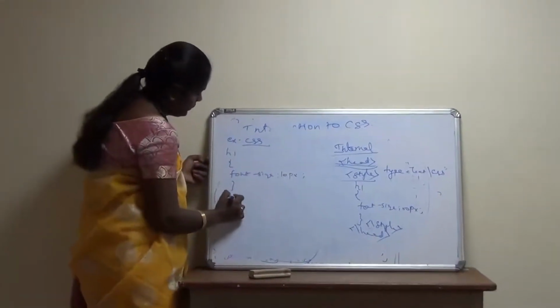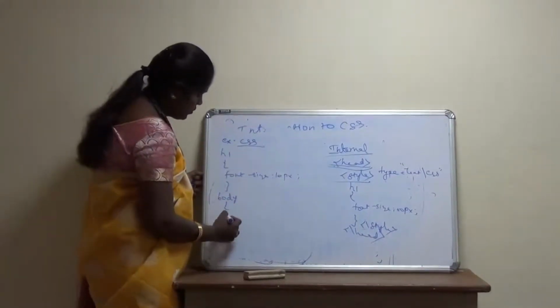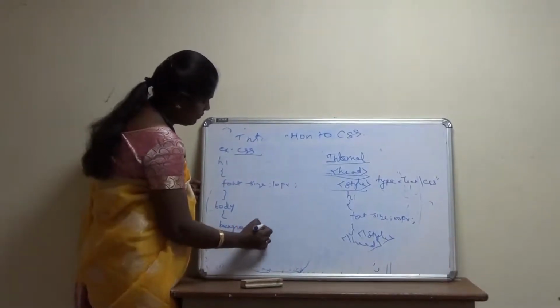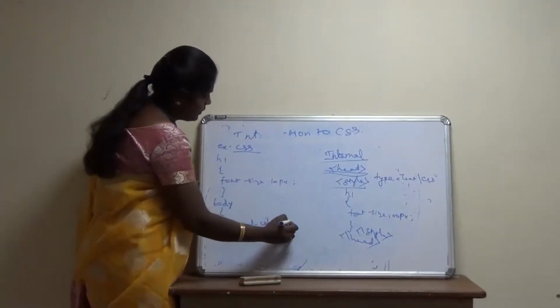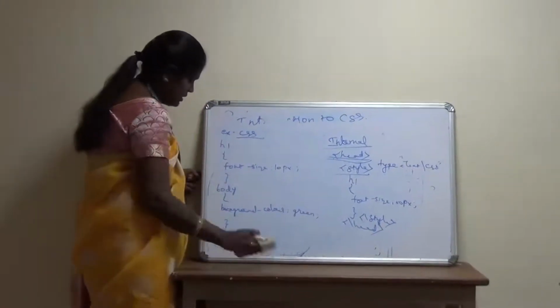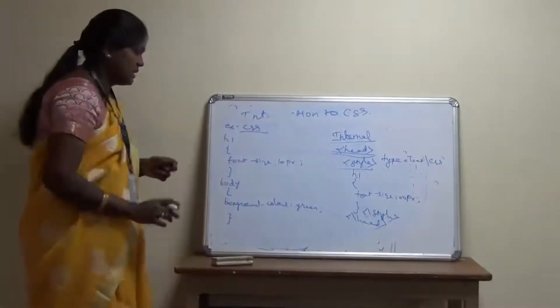Then body. So which will apply to all the elements which come under body. So body, the background color is background hyphen color is green. So I added two styles in my style sheet. So which will be saved as ex.css.